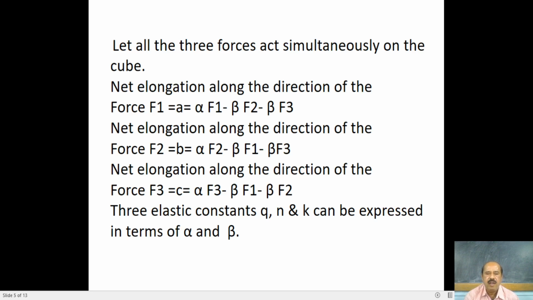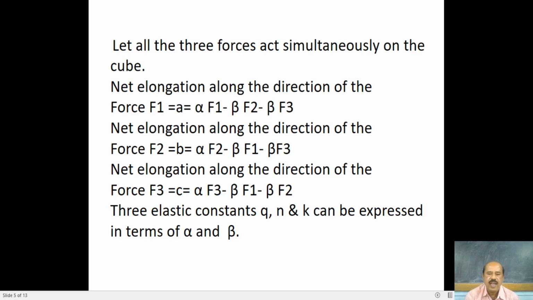The net elongation along the direction of the force F2, represented as B, will be equal to alpha into F2 minus beta into F1 minus beta into F3. Similarly, the net elongation along the direction of the force F3, represented as C, will be equal to alpha into F3 minus beta into F1 minus beta into F2.